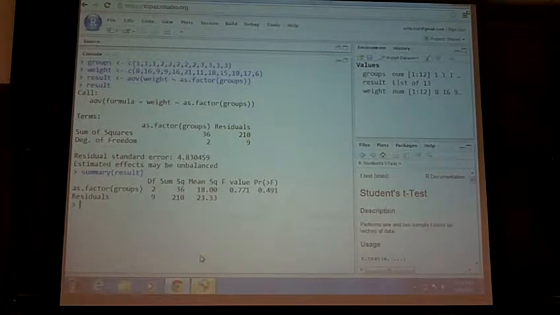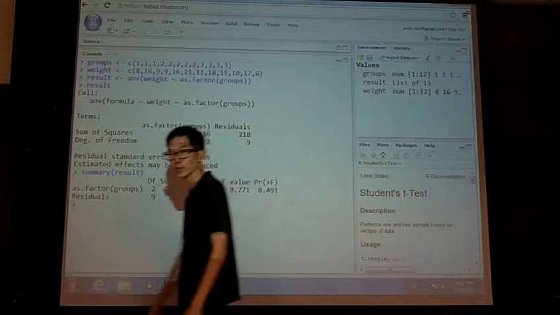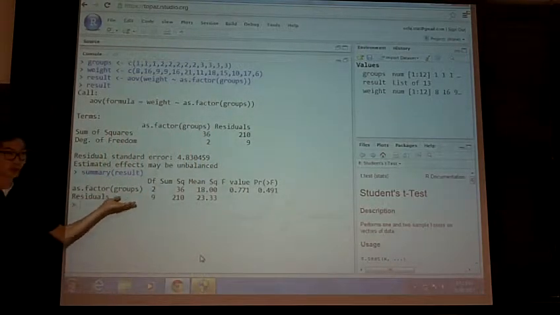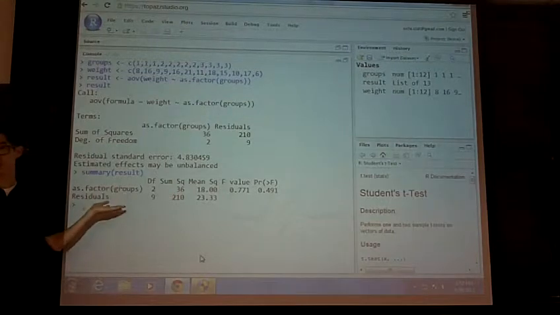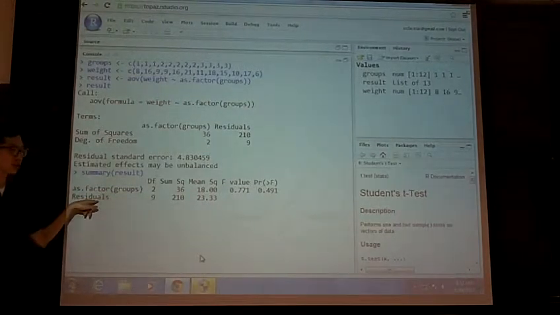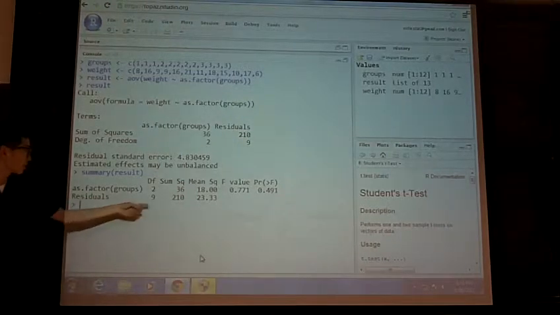And so here, it has produced the ANOVA table that we created ourselves, right? And you can see it omitted the total row because it doesn't even matter. So our degrees of freedom, because of as.factor groups, is 2, and our degrees of freedom for our residuals, or the inherent variation that exists, is 9.